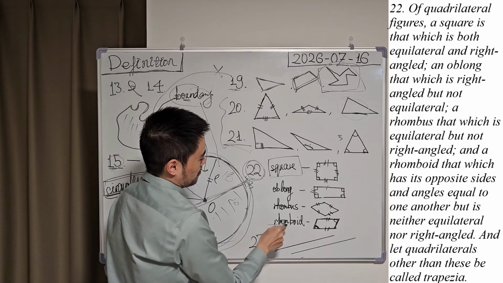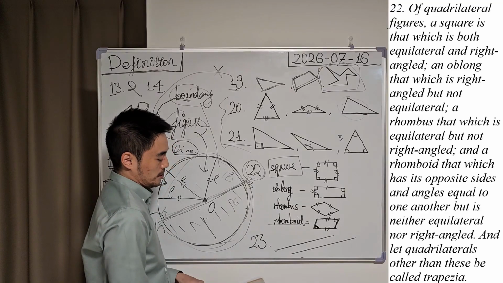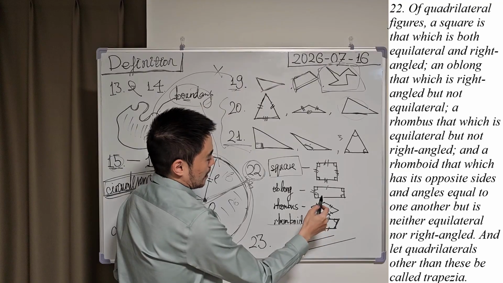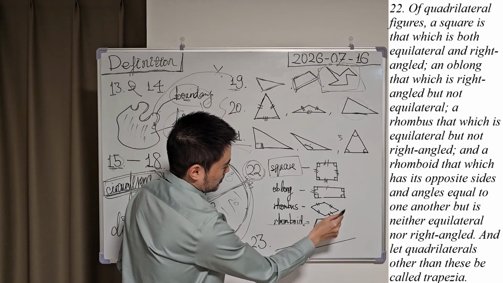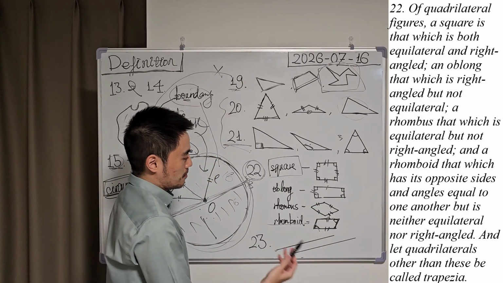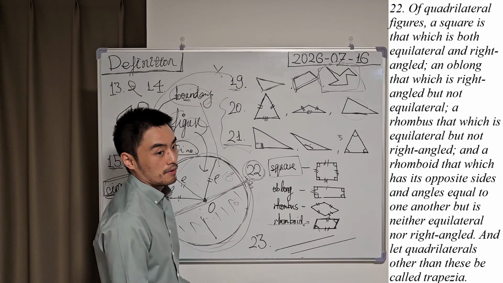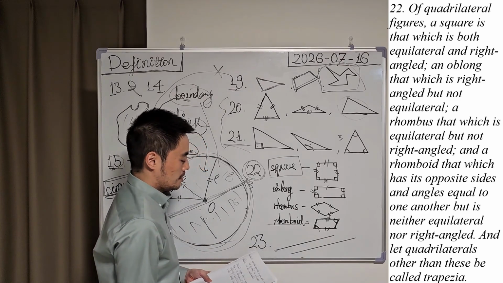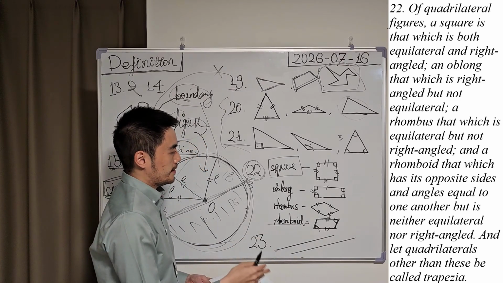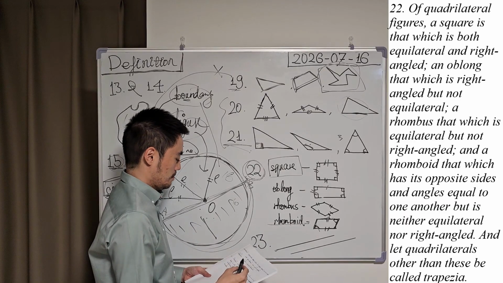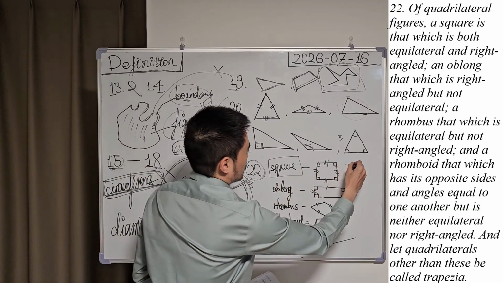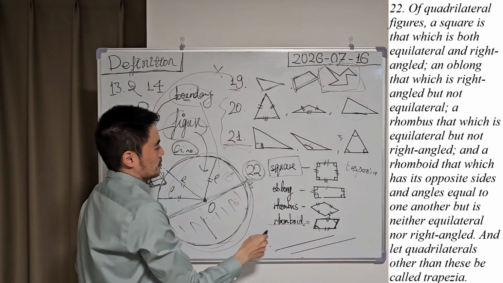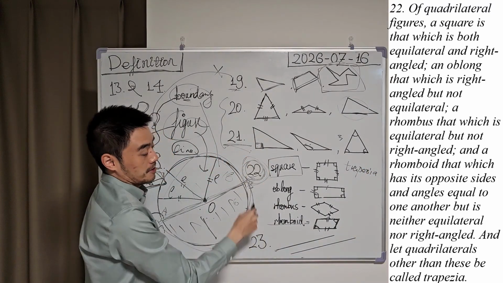And we have rhomboid, which is pretty interesting because opposite sides are equal and the opposite angles are equal, but it is neither equilateral nor right angled. And as for those other quadrilaterals, we call them trapezia. Okay, so we have finished definition 22.